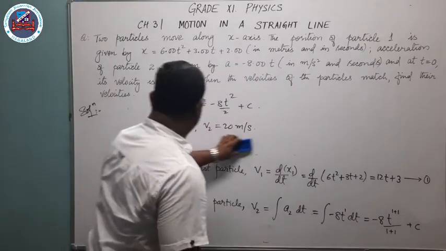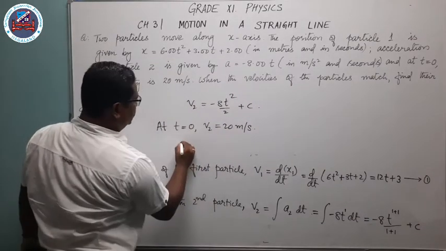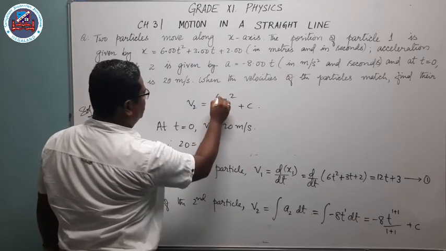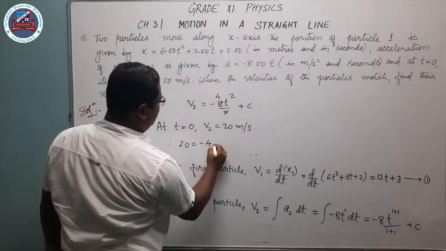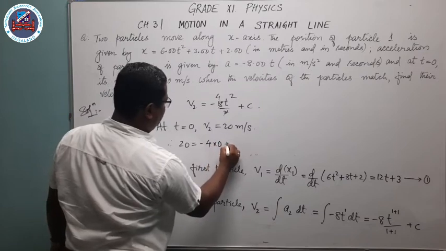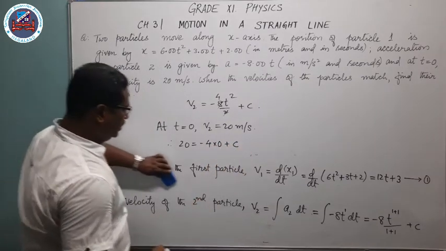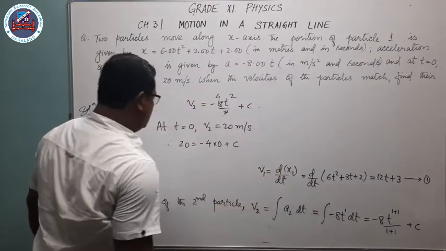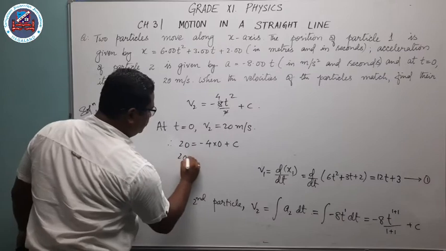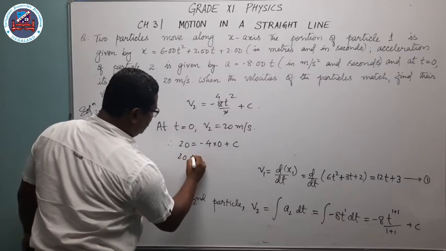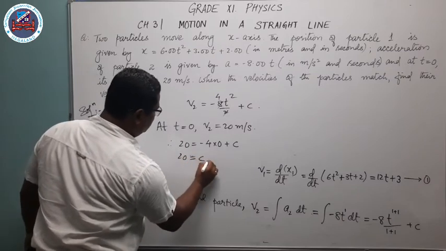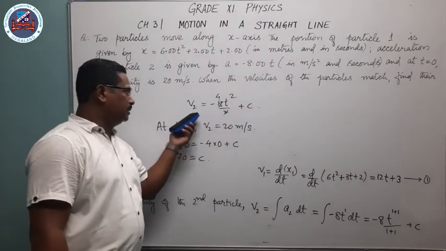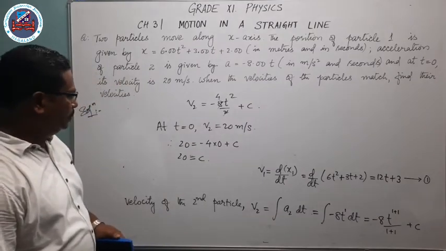So v2 is 20 is equal to minus 8 over 2, which is minus 4t squared, with t equal to 0, plus c. So this is 0, and c equals 20. After getting the value of c, if you put it back here, then you will get the expression for velocity v2.